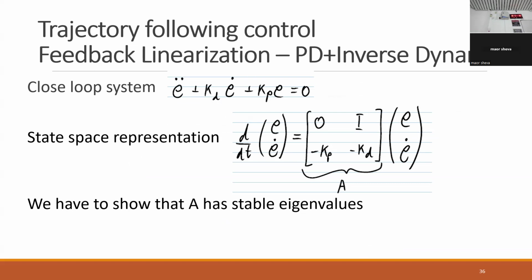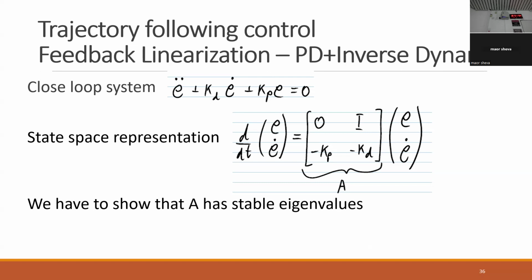So this is the closed loop system of the error. And we can write this. This is second order. We can reduce the order and write it as a state space representation of e dot. So e dot is e2.